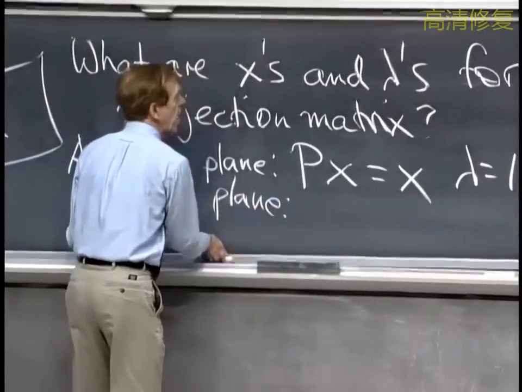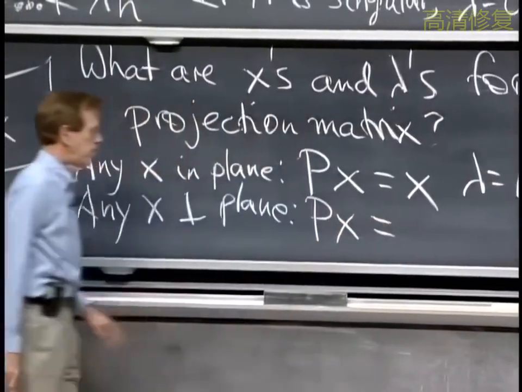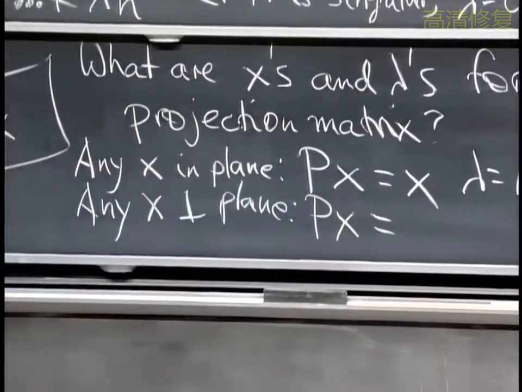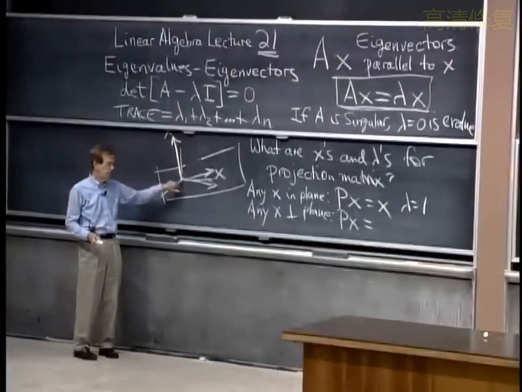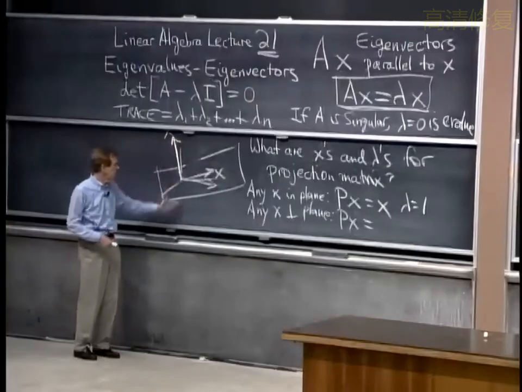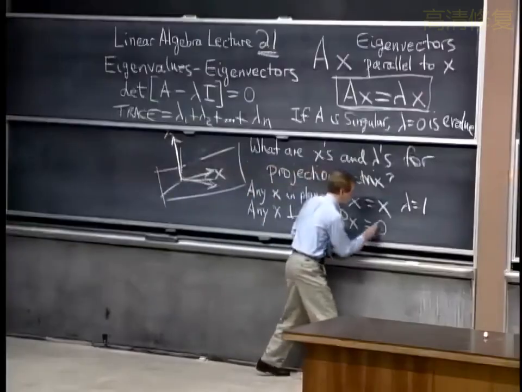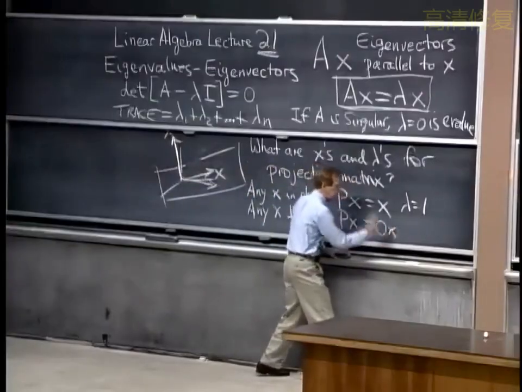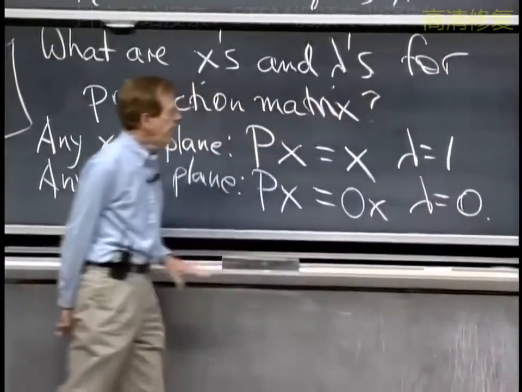What's Px for that vector? What's the projection of this one perpendicular to the plane? It is 0, of course. So there's the null space. Px for those is 0, or 0x if we like, and the eigenvalue is 0.